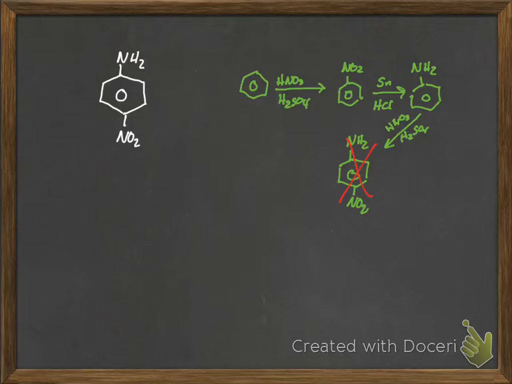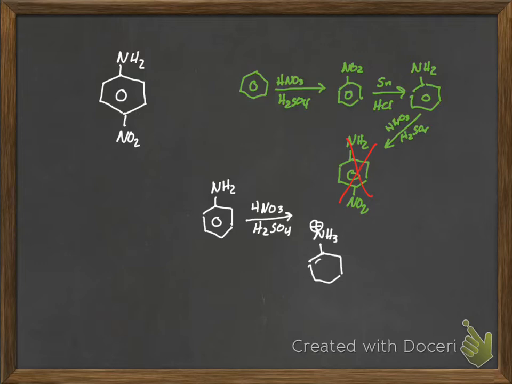Because the intermediate you would actually make with that free amine and all of that acid, the first thing you would do is protonate that amine, which makes this a meta director and one hell of a deactivator.